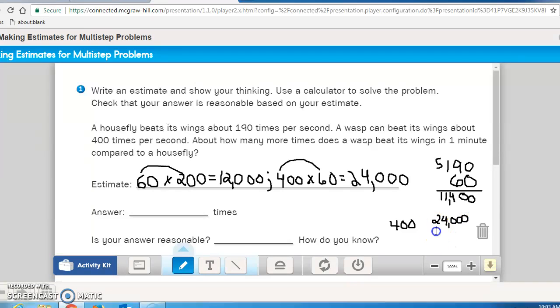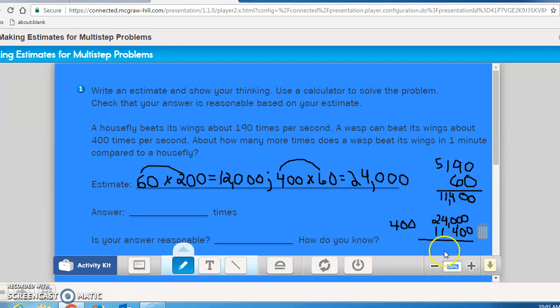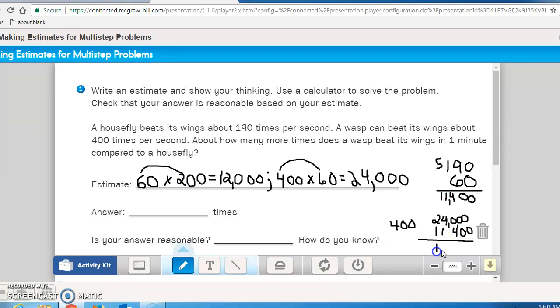So 24,000 minus the 11,400, you should come up with an answer of 12,600. So your answer should have been 12,600 as my exact answer.